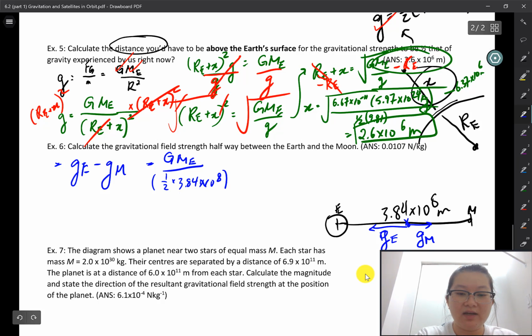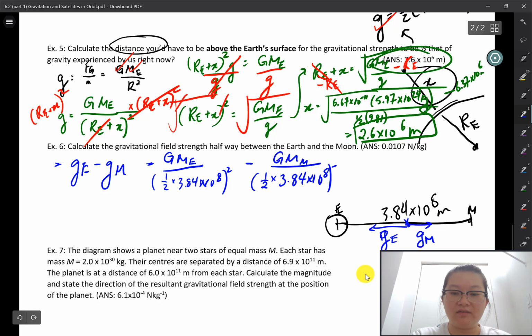Very ugly writing. Don't forget to square this. And this I'm going to subtract from the gravitational field strength of the Moon, and don't forget the distance of separation will also be half of the distance. Okay, so it's exactly halfway. So from here to there is half, from there to there is half as well.